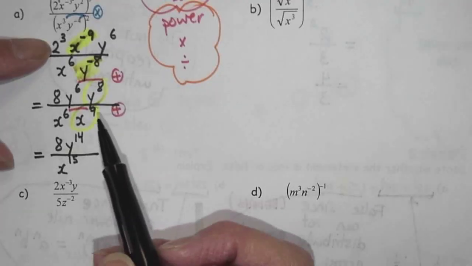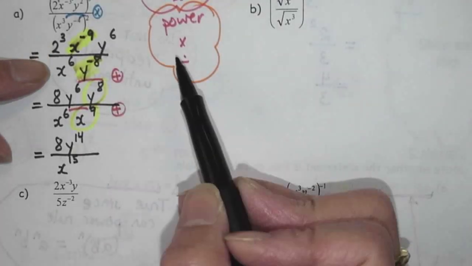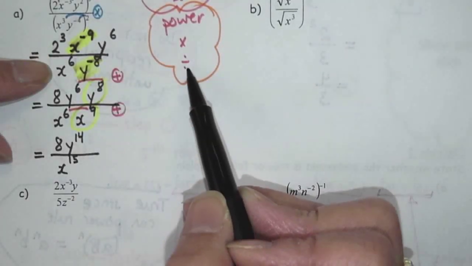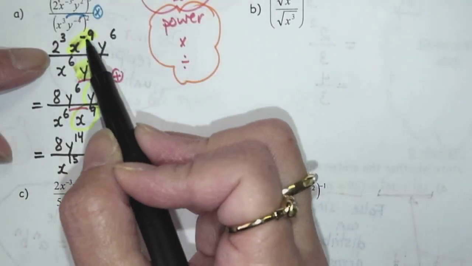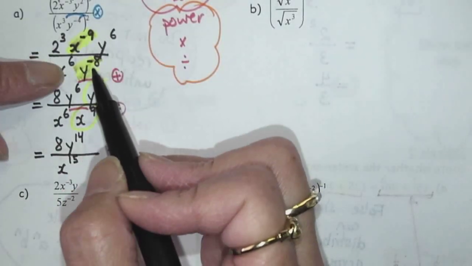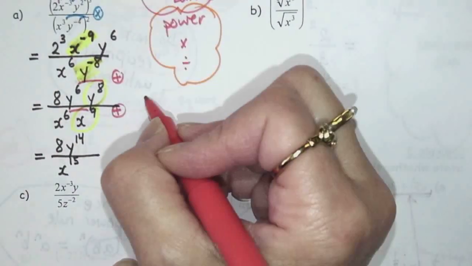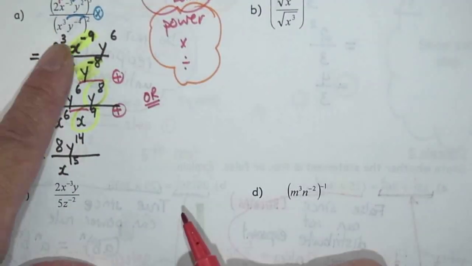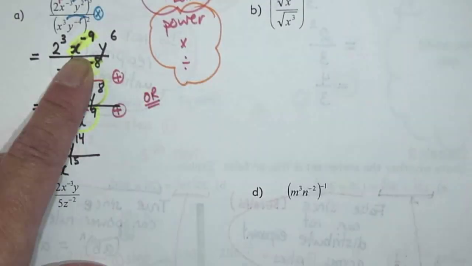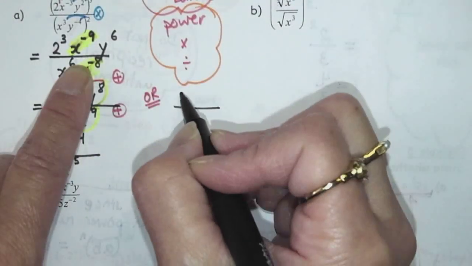This is this way. The other way to do it is subtraction. We know that this is division, which means subtraction. So you can go -9 minus 8. So I'm going to do an or. Don't do both answers. But from here, I could have done subtraction. So I would still have gotten the 8.